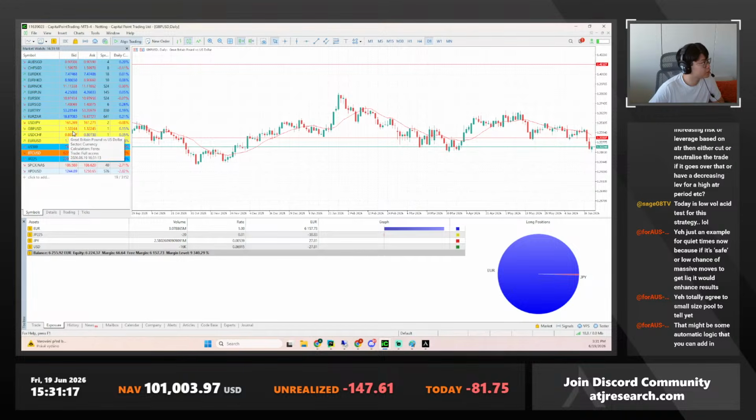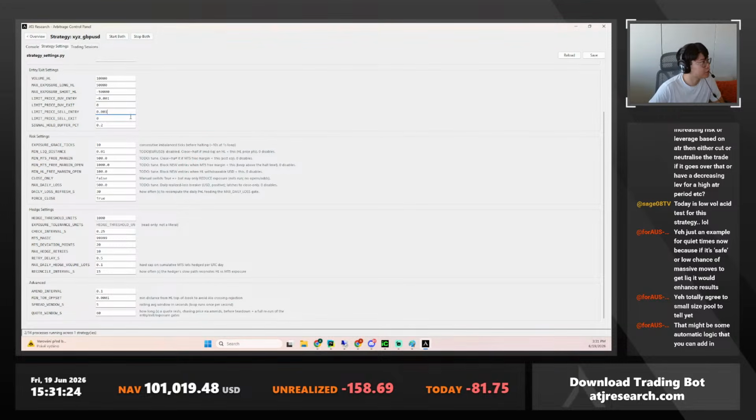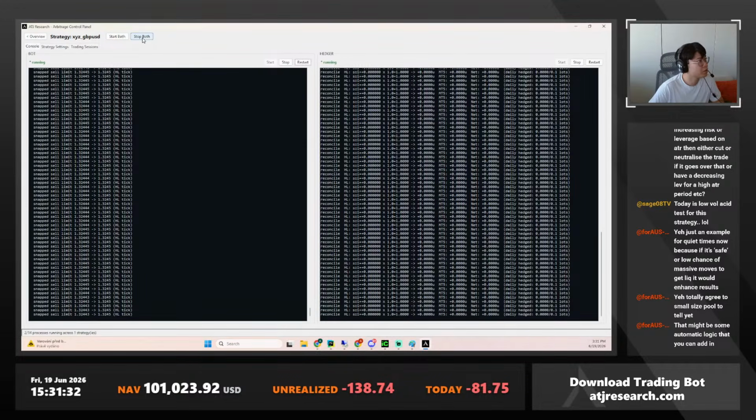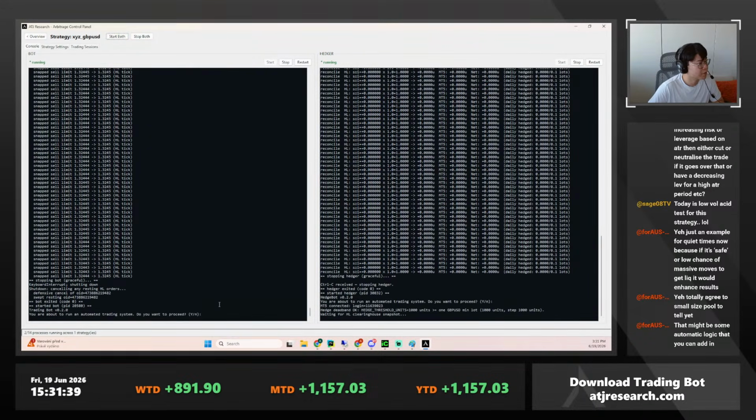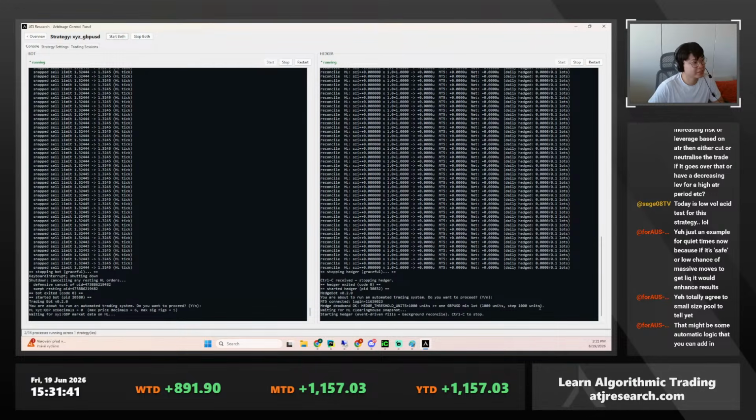Oh yeah, that's actually quite a lot, which is good. 0.001 is still a lot. So yeah, this is going to be fine. I will save this, and now I'm going to restart both strategies. So now both of them stop, and now I can start both of them again. Very easy, very convenient, right?